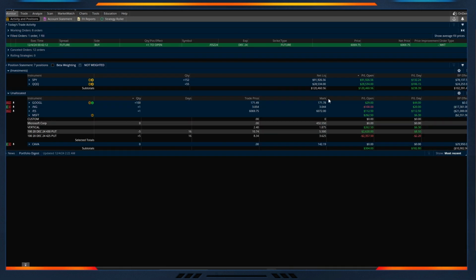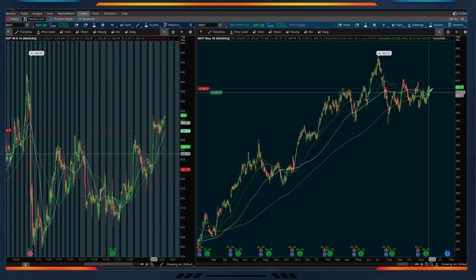I'm already up, I think about $262 on this spread, so it's already begun to work. I've been holding it for about a week now, but this is how I'll do spreads. In this case, if Microsoft ends above 430 by that date, I'm targeting making about $1,000 on this trade.